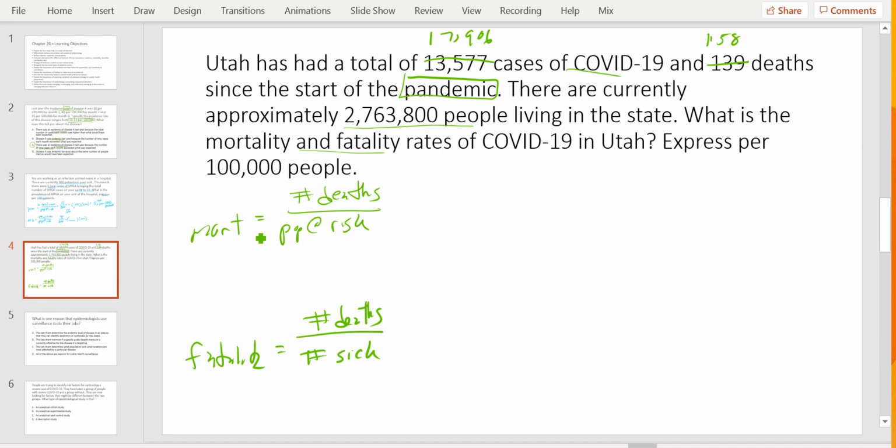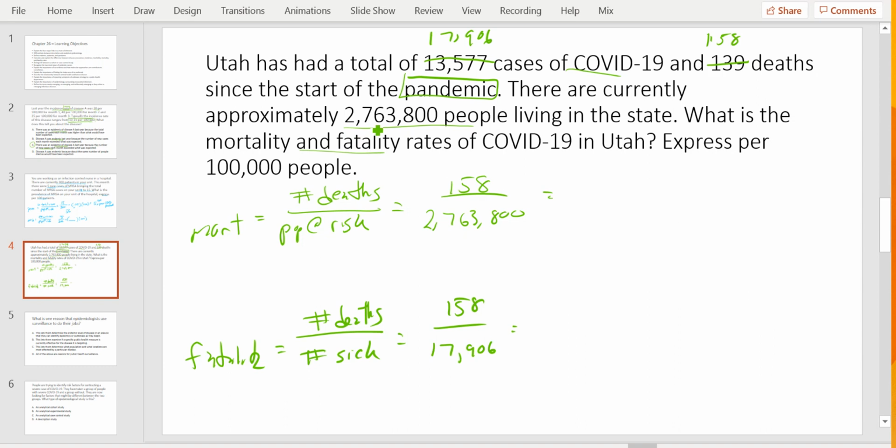Fatality is saying, if you get COVID-19, what is the chance that you die from it? So if we look at the difference between those, they both have 158 deaths, but the population at risk for mortality is the population of Utah, and the population at risk for fatality is the number of people who actually have been sick.